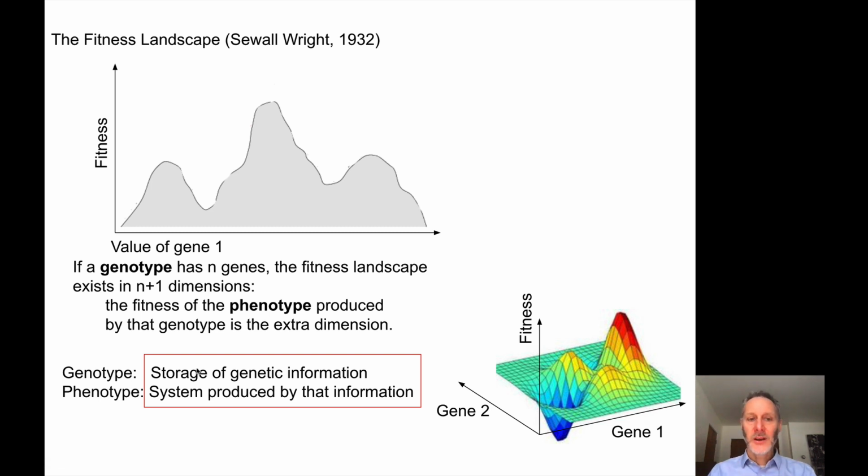Let's come back to the fitness landscape for a moment. If the genotype has n genes, the fitness landscape is always going to exist in n+1 dimensions, because the height of the fitness landscape, as the name implies, is always fitness.